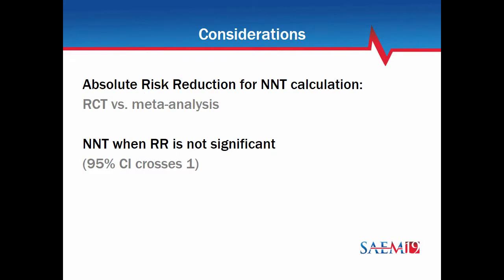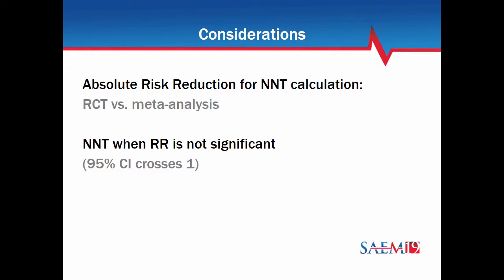Just 2 more points. When you look at an RCT, you can look at the raw numbers and do what we did. You can just get the raw numbers and calculate the risk and relative risk from the raw numbers. But when you have a meta-analysis, the meta-analysis has to give you the absolute risk difference or NNT, because in the process of meta-analysis, they take into account several factors, including the sample size and other factors.